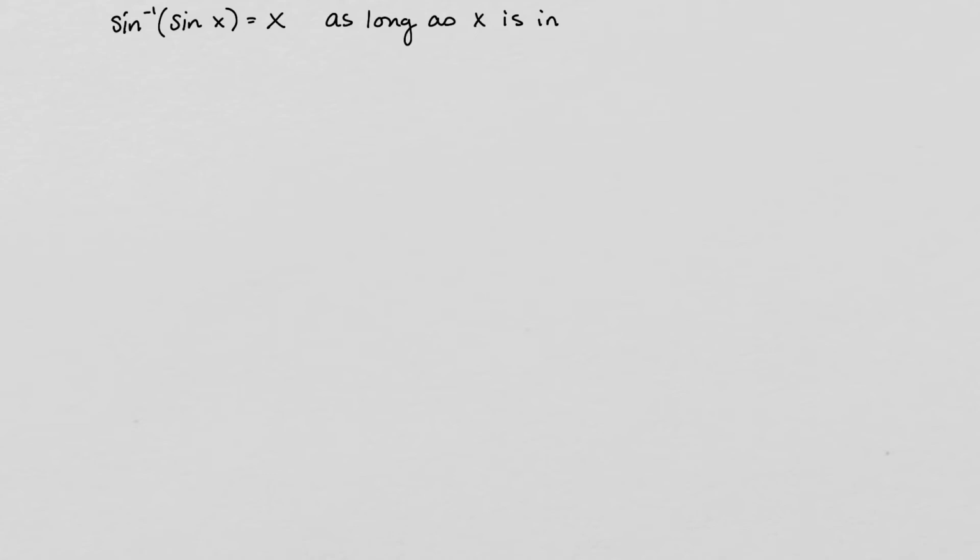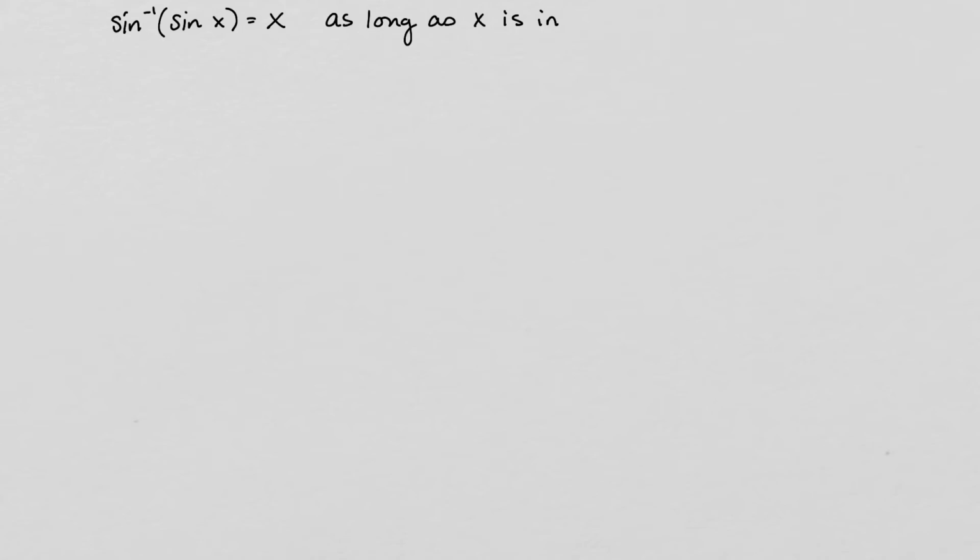Okay, so the inverse sine of the sine of x is equal to x as long as x is in the right quadrants. Remember, the inverse sine was defined in which two quadrants? Yeah, 1 and 4, right? Last class we talked about how the inverse sine is defined in quadrants 1 and 4.